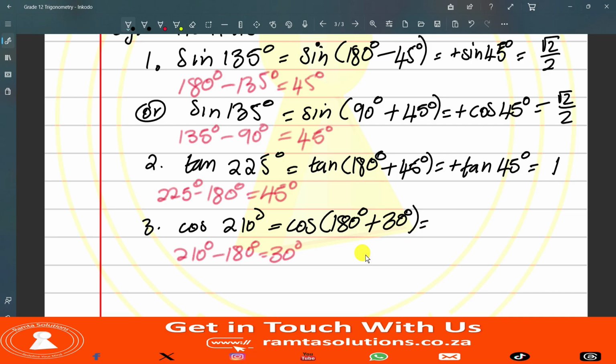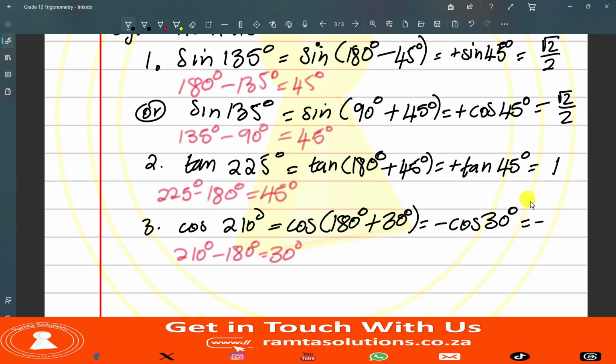Now, 180 plus is in which quadrant? We said the third quadrant. In the third quadrant, is cosine positive or negative? It is negative. Now, because it's 180, it doesn't change. Therefore, it will become negative cos the acute angle 30 degrees.